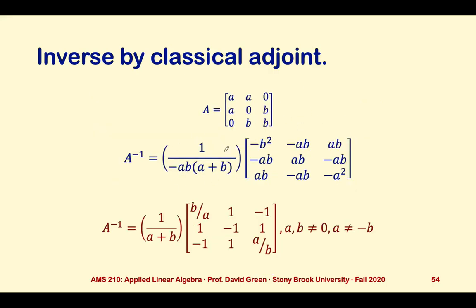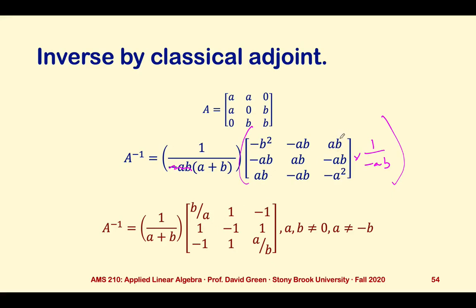We can essentially take this 1 over negative AB and multiply all of the terms in this matrix by negative 1 over negative AB. All of the negative ABs then just become 1s.